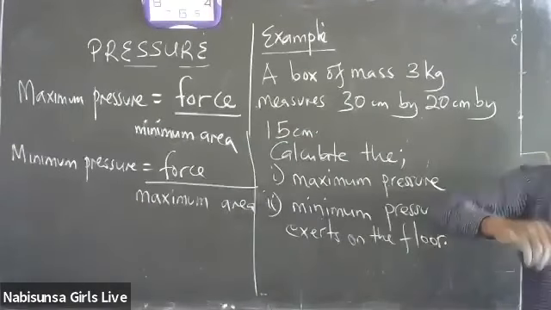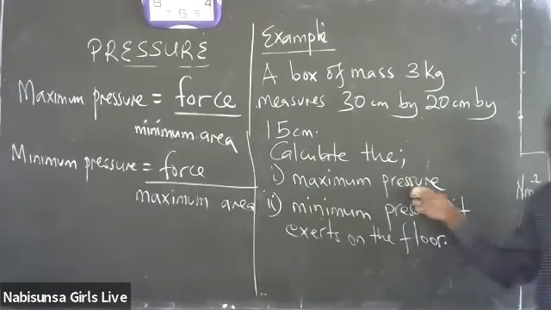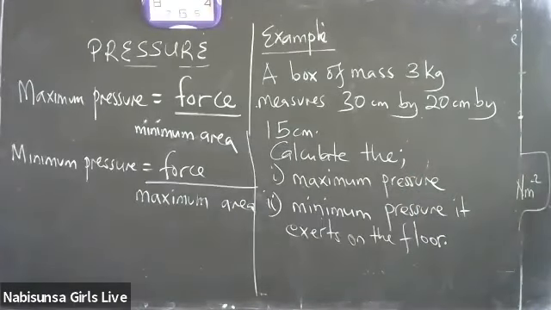Length by width by height. Now they are saying calculate the maximum pressure and Roman 2 the minimum pressure. So you copy that question.